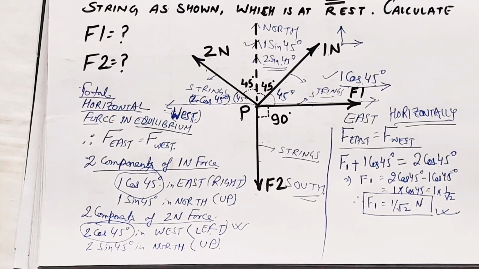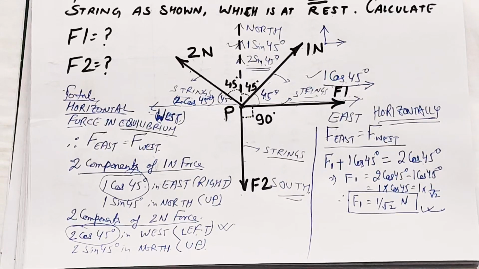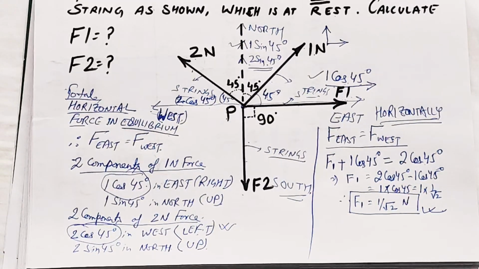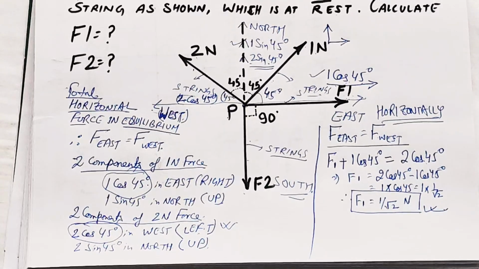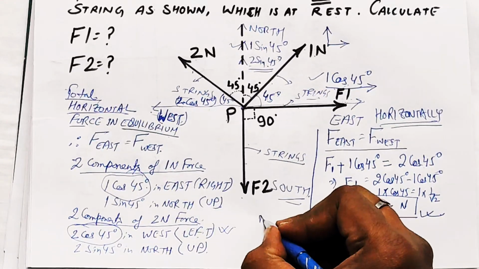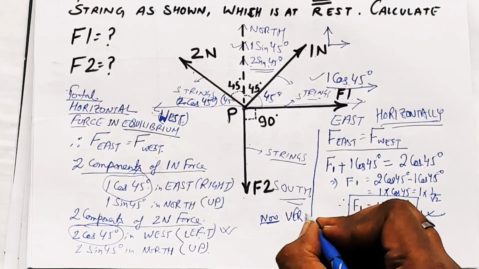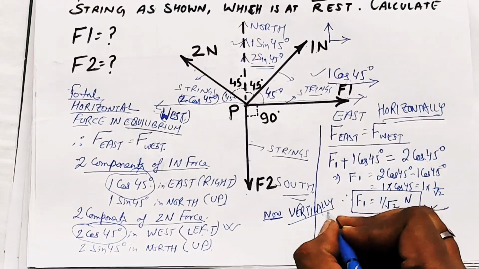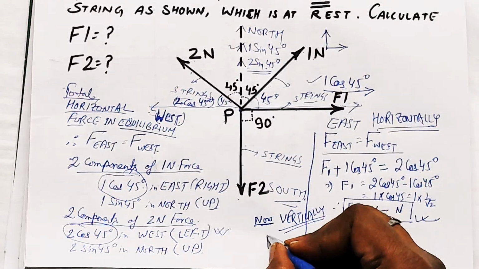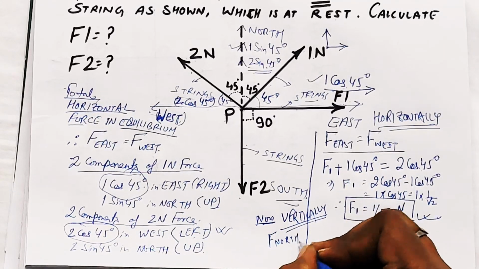Similarly, equate the vertical components. The vertical forces acting on P will be balanced out. That means forces acting into the north direction will be equal to the forces acting into the south direction, just as we took east and west for the horizontal components.